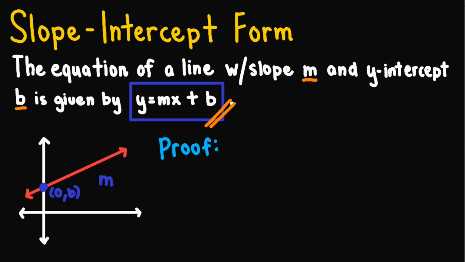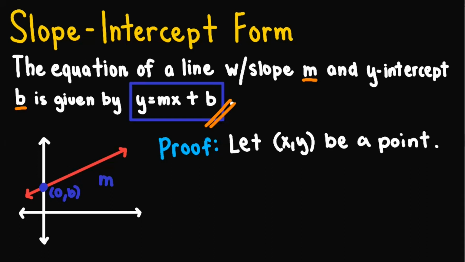So we start by letting x and y be a point. More specifically, we let this point be a point on the given line such that this point xy is not equal to the given y-intercept.